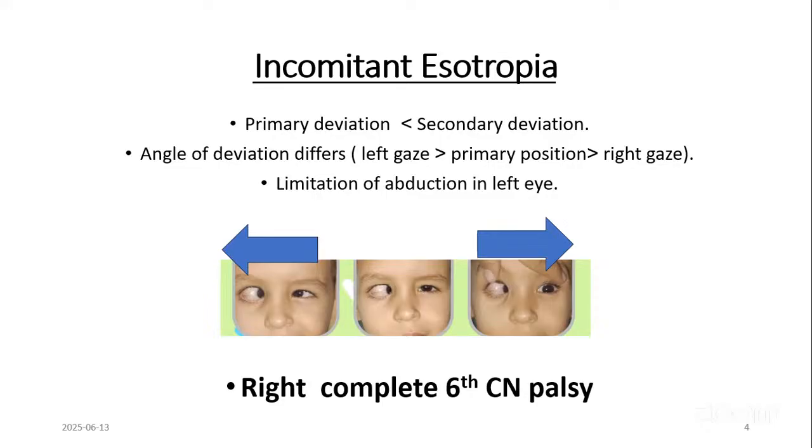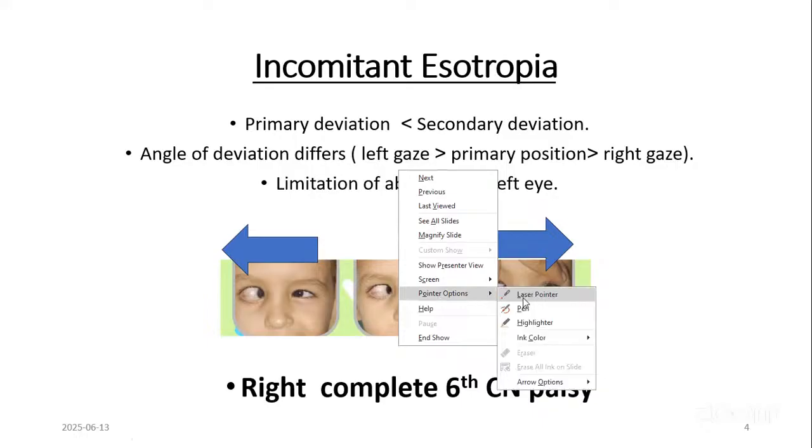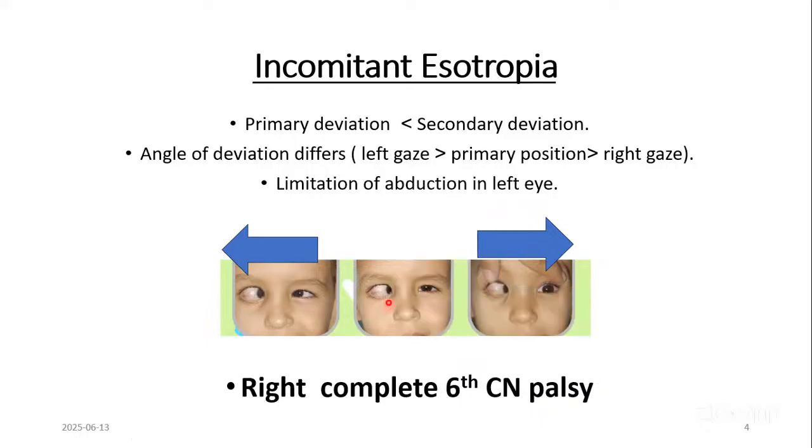In this case, the patient has right esotropia, right complete 6th nerve palsy. See here, in the primary position, the patient has a right extra large esotropia. In right gaze, the right eye is not moving laterally. There is total limitation of abduction. In left gaze, it is okay. So this is a patient with right complete 6th nerve palsy.